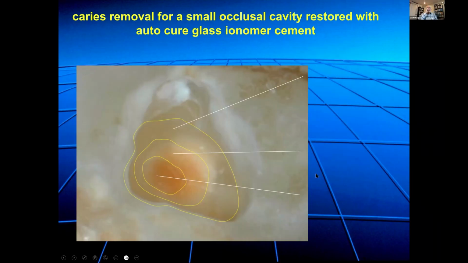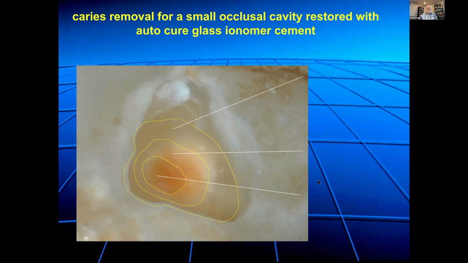Okay, this is what a small occlusal cavity looks like. I'm using visual contact as my means of determining where things are, and it's usually the colour of the dentine, not always right.